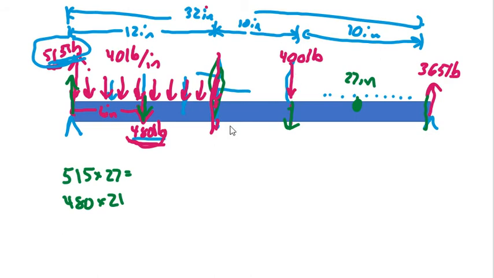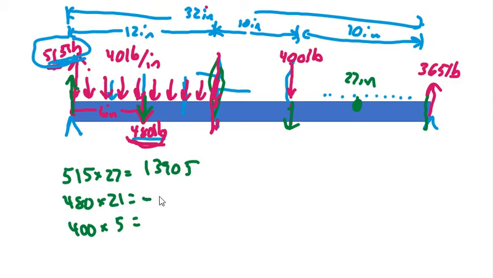And then I have 400, and that one is 22 to 27, 5 inches, right? So I have 515 times 27, 13905. I have 480 times 21.